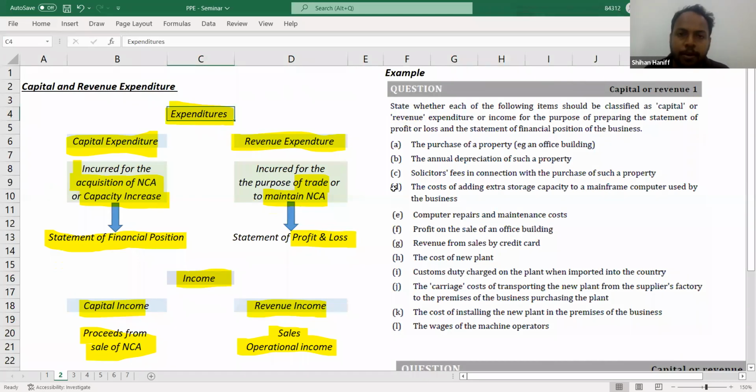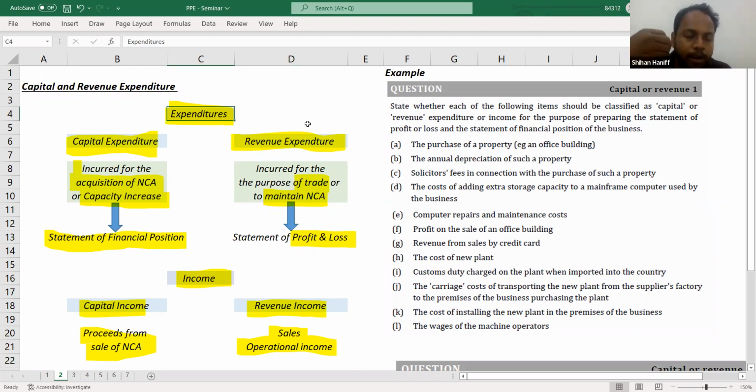So until then, I'll repeat what is meant by capital expenditure and what is revenue expenditure. Capital expenditure means there are two main things.